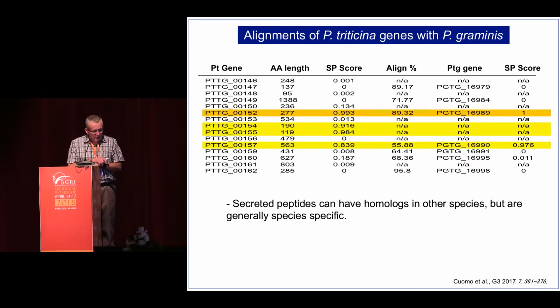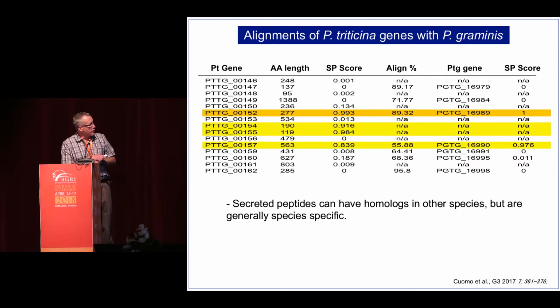Well, yes, there are. So the PTG0152 highlighted in orange shows that it has an SP score, which is a secretion signal score calculated by a program based on the first about 30 amino acids. It shows that a closer number to 1 means that it's very likely secreted.